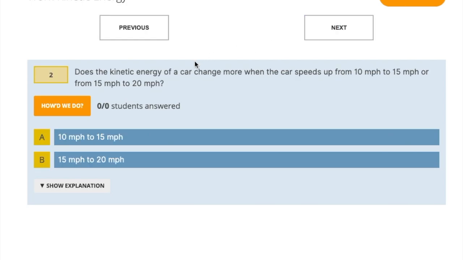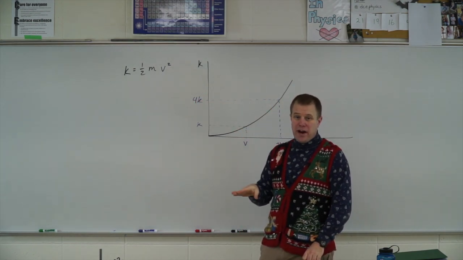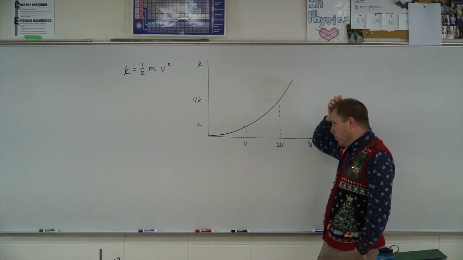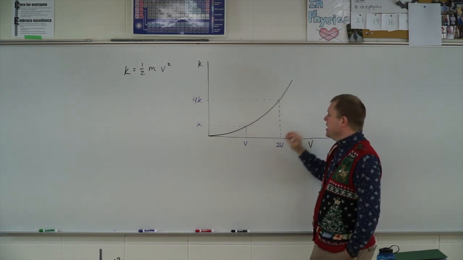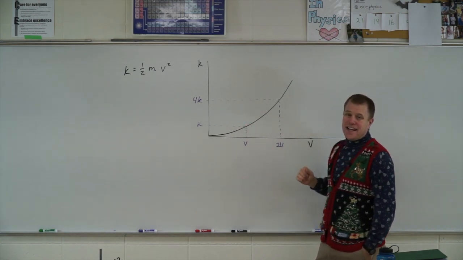All right, let's take a look at the next one. Does the kinetic energy of a car change more when the speed goes from 10 to 15 or from 15 to 20? All right, so as we see, kinetic energy is dependent on the speed squared, which means I have a parabola. And so for each increment in the x direction, it goes up different amounts the further along the x-axis I go.